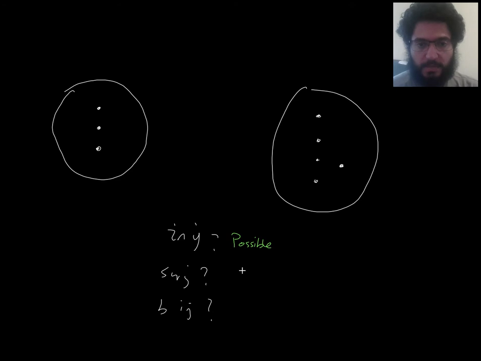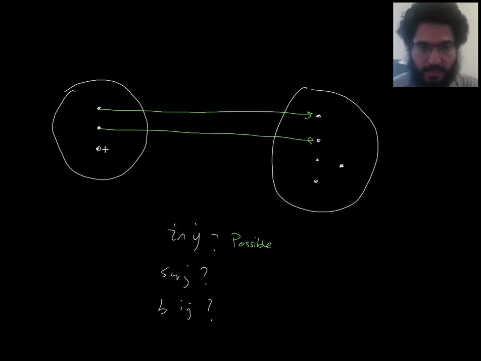What about a surjection? To have a surjection from this set to this set, I would have to be a function, so I'd have to send things over somehow. And it's allowed to not be an injection, so I can do this if I want to.